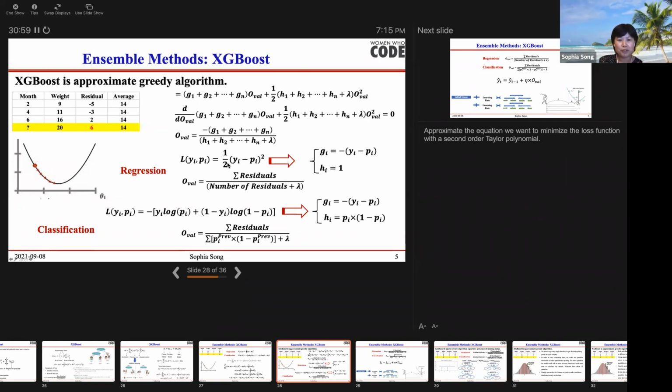Actually, when you know your loss function, you can know that the first partial derivative is the negative of your residual. The second order partial derivative is equal to 1. So the numerator is the negative sum of your residuals, and if your model is the regression model, it is divided by the number of records in that leaf node.